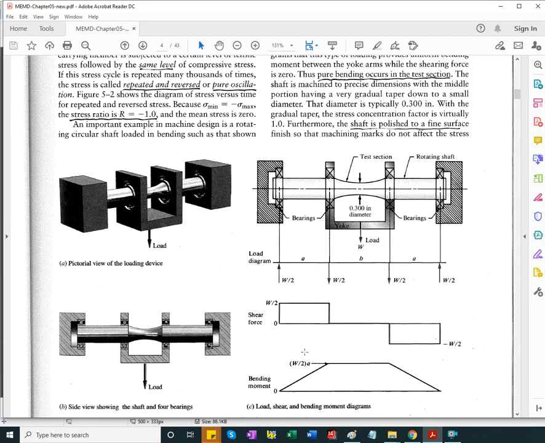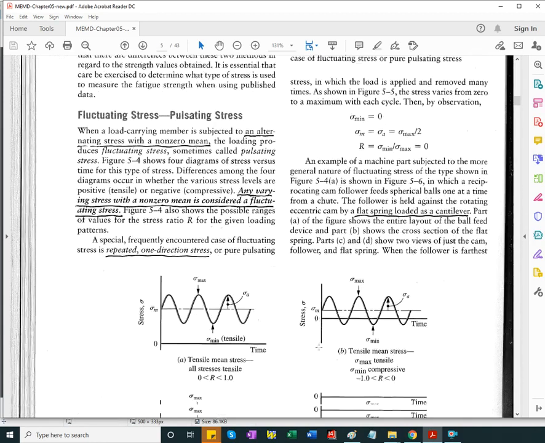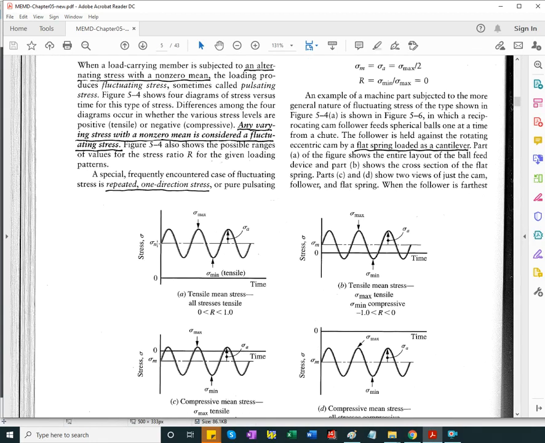But if we have instead a situation like this one, where there is a mean stress on top of which we have this alternating stress, an example being a static load on top of which we have a fluctuation, say in a suspension component. You have the weight of the car, and as it moves on a road due to bumps, there is fluctuation around that static loading.